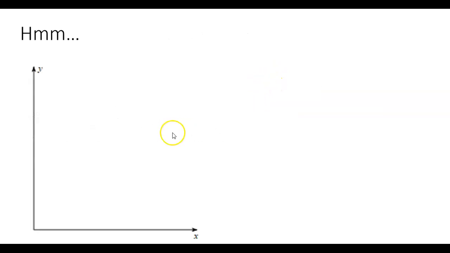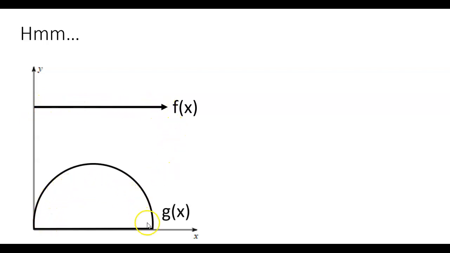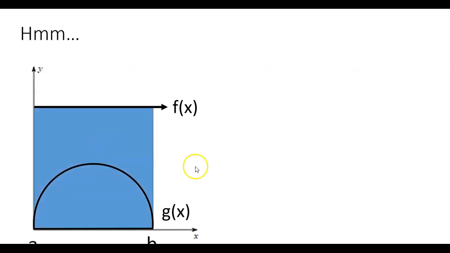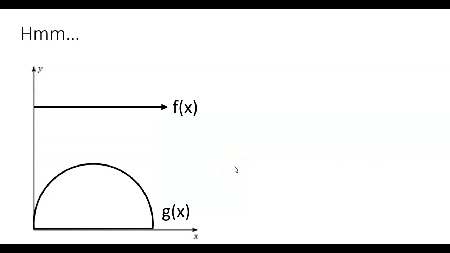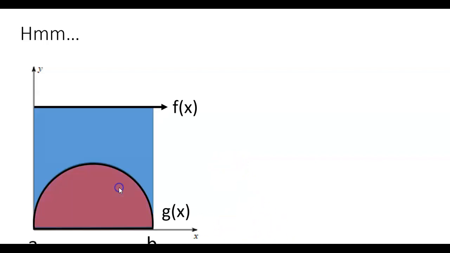So, for instance, suppose that I have this function up here, f of x. And suppose I have this function here, g of x. And I want to find the area that exists between them. Well, the way that we're going to do that is by finding the area underneath of f, finding the area underneath of g, and then subtracting the g function's area away from the total f area.